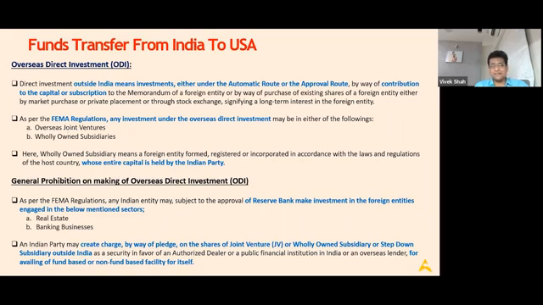The reason is that the FEMA regulation, the code for the ODI and the investment in equity, specially mentions that the equity, in brackets, means shares. Now people get stuck here. A lot of clients come having created the LLC online through an agent, and then I have to do the conversion from LLC to INC, and only then can I issue the shares. LLC cannot issue shares.